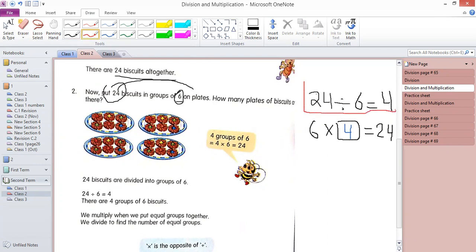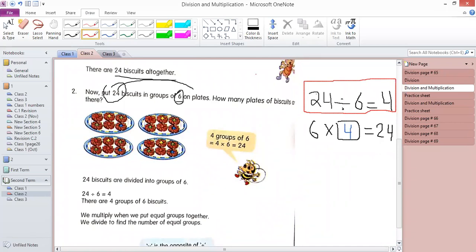When you divide 24 biscuits in groups of 6 on plates, there will be 4 plates. If you put 6 biscuits on one plate, there must be 4 plates for 24 biscuits.